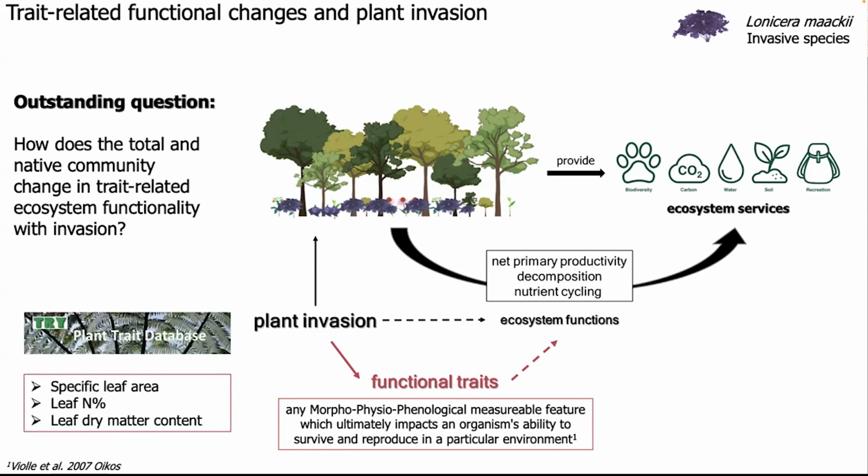I selected three different plant traits, and they fall into this acquisitive to conservative spectrum. Plants that are really acquisitive would have high specific leaf area and leaf nitrogen, so they go really fast and have thin leaves. The other end is when they would have high leaf dry matter content. Those are species with slower growth, and they would have larger, thicker leaves.